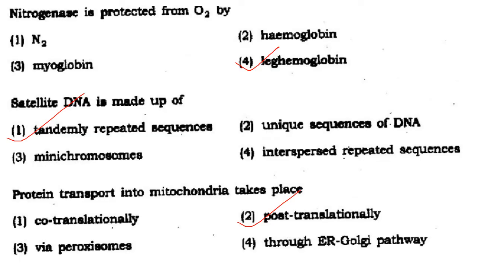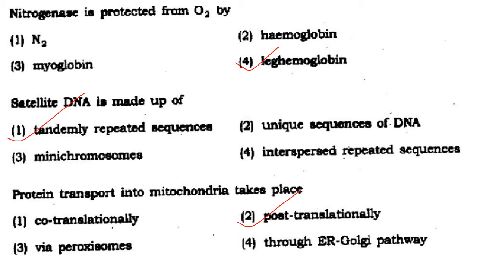Nitrogenase is protected from oxygen by 1 nitrogen, 2 hemoglobin, 3 myoglobin, 4 leghemoglobin. Answer is 4 leghemoglobin. Satellite DNA is made up of tandemly repeated sequences, unique sequences of DNA, mini chromosomes, interspersed repeated sequences.